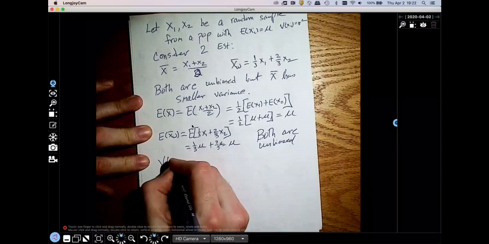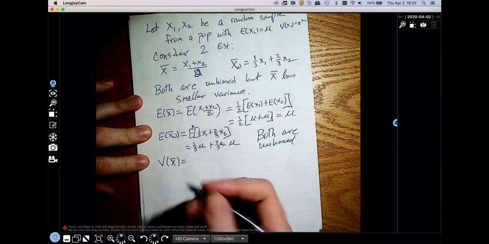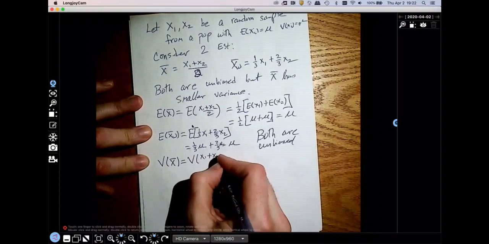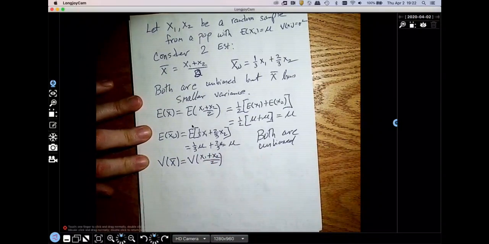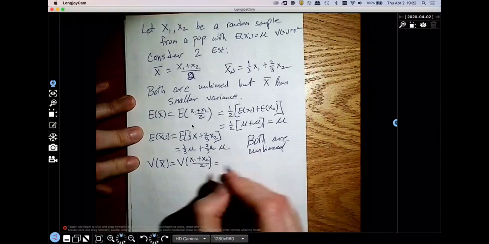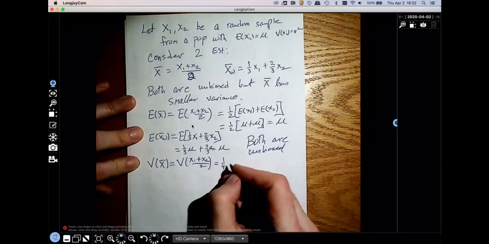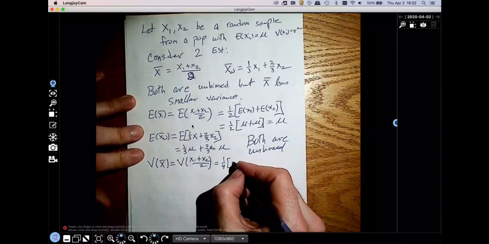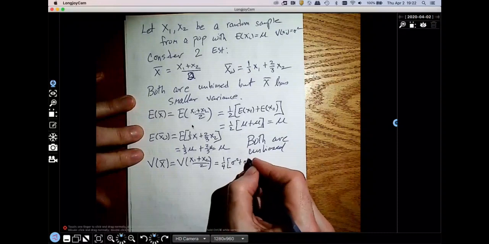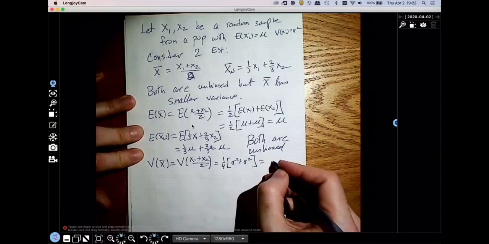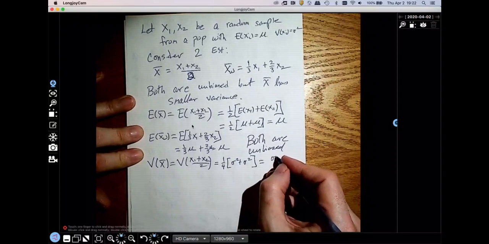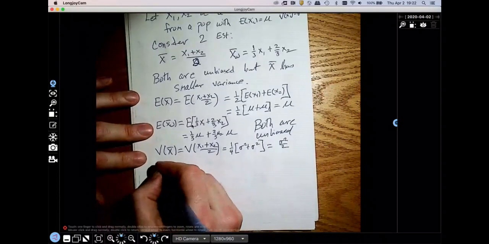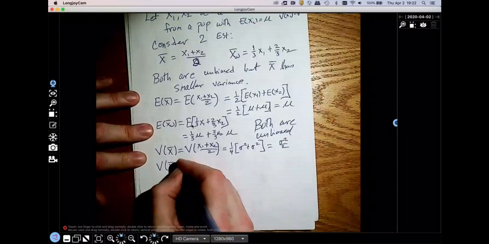So what is the variance of x bar? Well, it's going to be the variance of x1 plus x2 over 2, which is going to be 1/4 times, what's the variance of x1? Sigma squared plus sigma squared. So this is equal to sigma squared over 2. Well, let's go find the variance of the other estimator, x bar w.